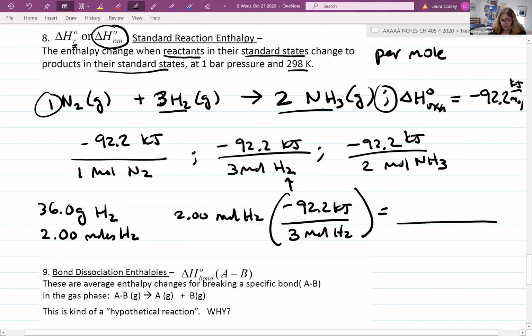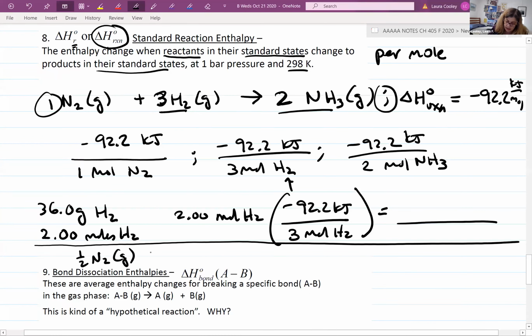Okay, and if I wrote this equation forming 1 mole of NH3, so supposing I did this, 1/2 N2 plus 3/2 H2 goes to NH3, then my delta H0 would be half of that.